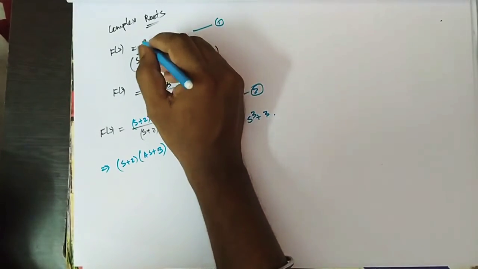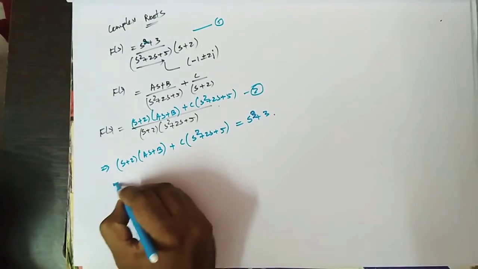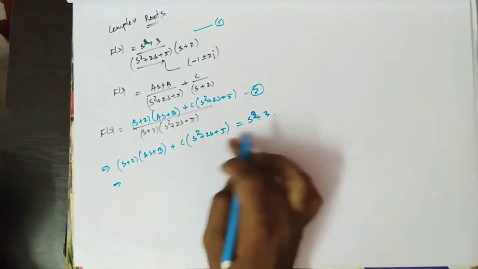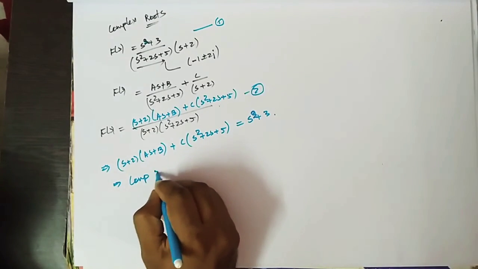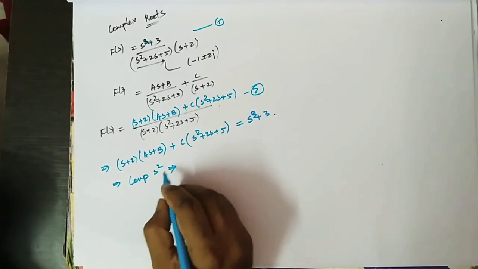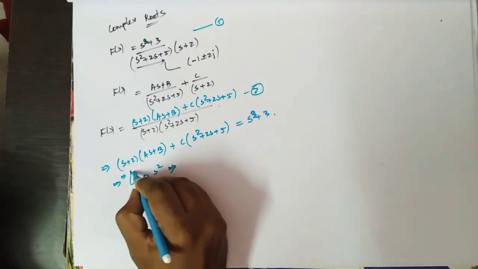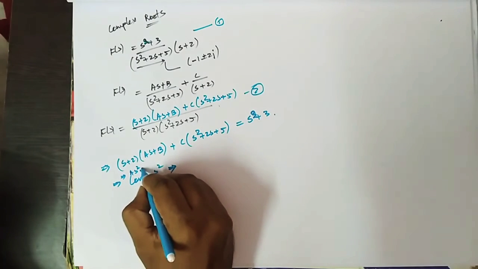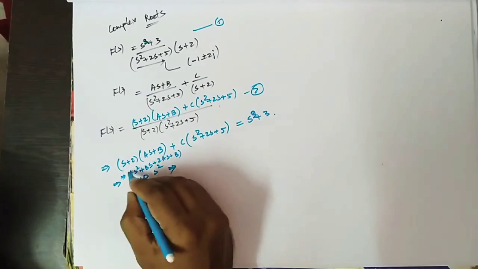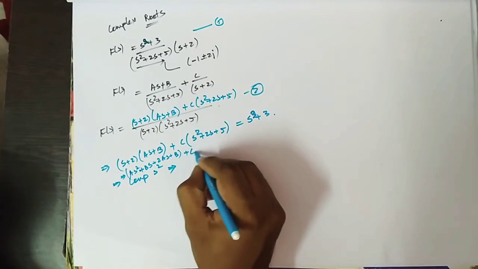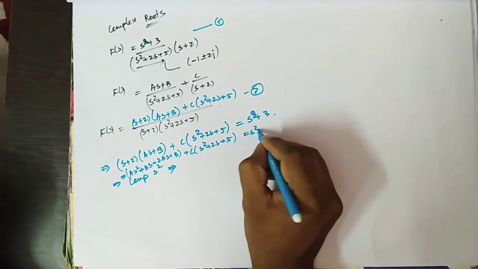Now compare the coefficients of s squared. So you will have as squared plus bs plus 2as plus 2b plus c into (s squared plus 2s plus 5) equal to s squared plus 3.